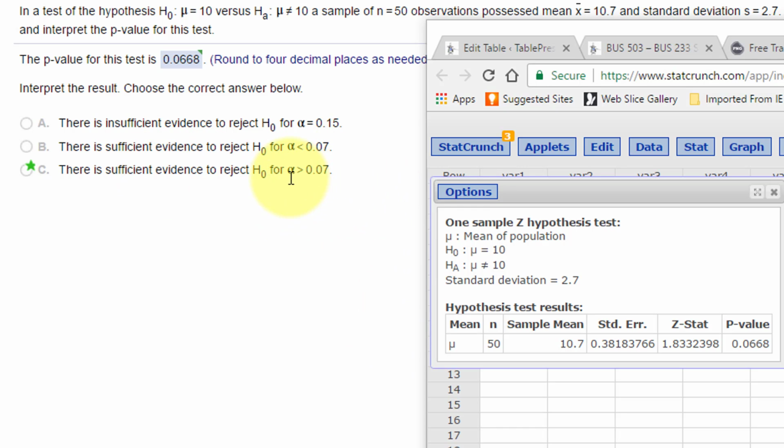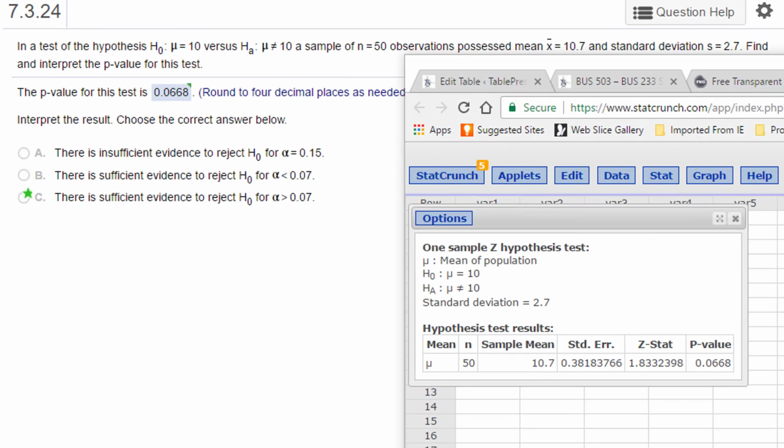Usually we're thinking of our p-value on the left and our alpha on the right, and I just read over that. This says you would reject the null for alphas greater than 0.07, which is our p-value rounded to 0.07. So any alpha greater than 0.07, you would reject.